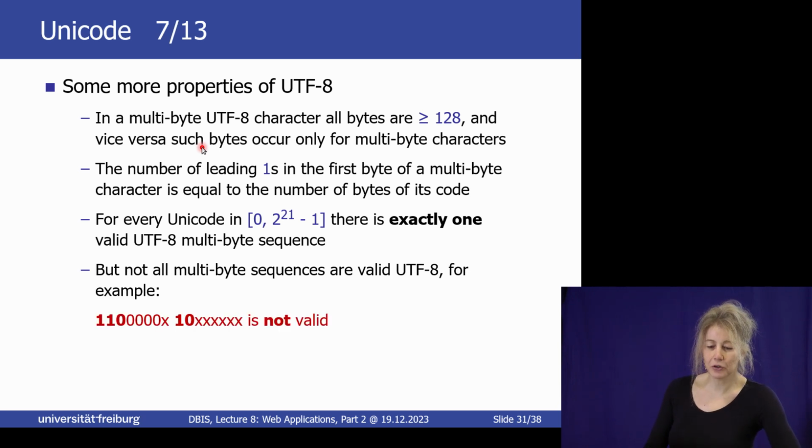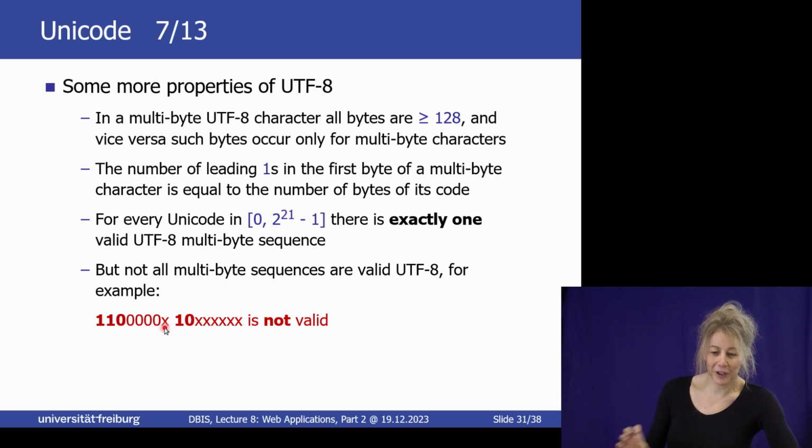One more thing you should know: for every Unicode code point, there's a valid UTF-8 byte sequence, but not vice versa. So this is not valid UTF-8. I'm using the template for a 2-byte sequence here, and now I have all zeros here and just 7 bits which are something else. This is not valid because I could have encoded this in 1 byte as well, so there's some ambiguity here.